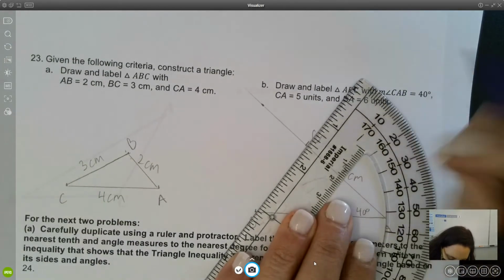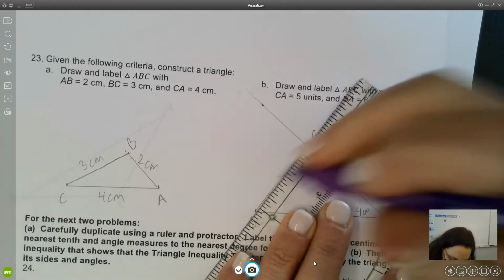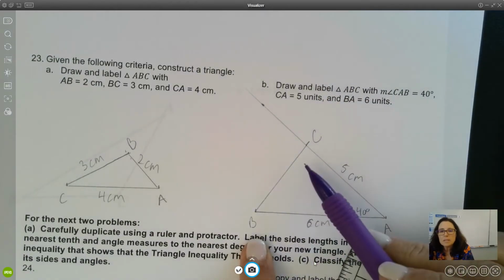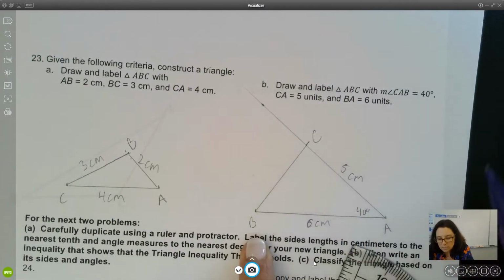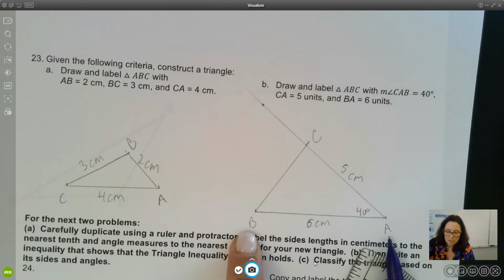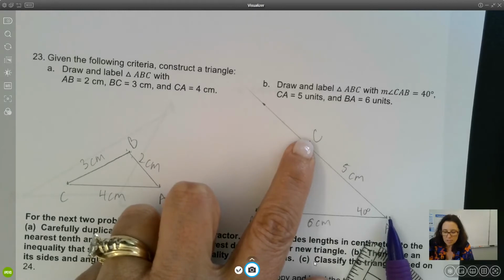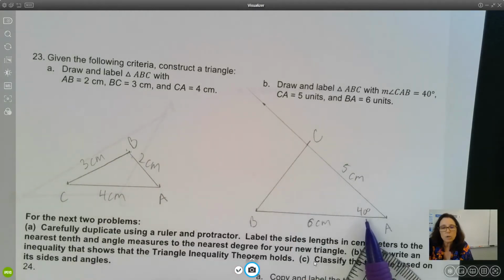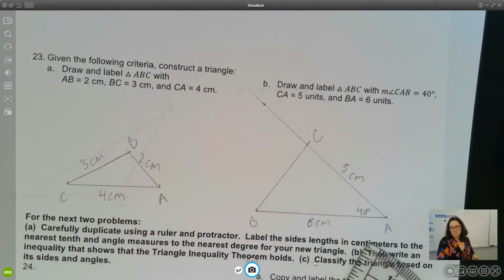BC wasn't given. It just told me I needed 6 centimeters here, 5 centimeters here, and 40 degrees. So I'm done. I don't need to erase my extra marks. You can leave them on there.